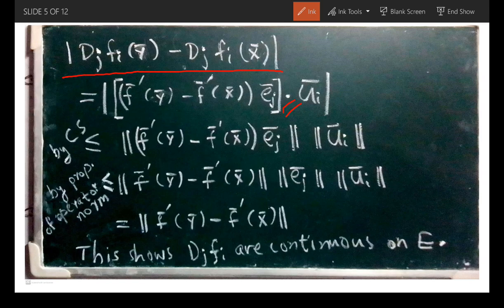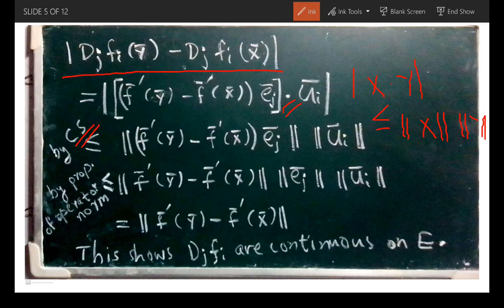Now use what is called the Cauchy-Schwarz inequality. So what is the Cauchy-Schwarz inequality? Modulus of x inner product y is less than or equal to norm of x into norm of y.